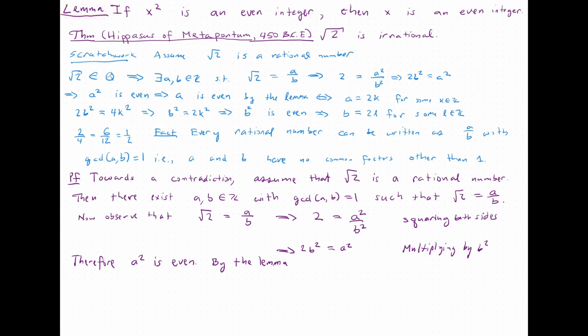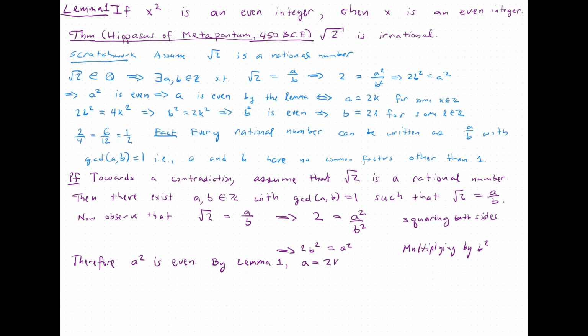But if I had labeled this, say, Lemma 1, then we would say by Lemma 1. A common thing in mathematics is that we capitalize whenever we're referencing a numbered statement. So in this case, Lemma 1, we capitalize the L. So by Lemma 1, we have that a is even.